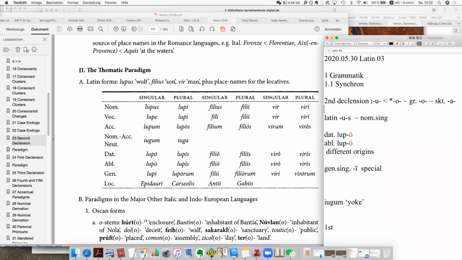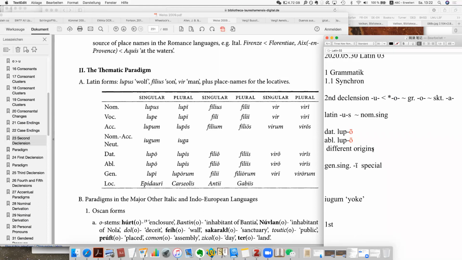So this is Latin. You know that this is Latin, right? So actually, the background or the origin is the O declension, and we all know for the O declension, like in Sanskrit, deva, you of course know devasya, right? And for Greek, well, I couldn't give a very good example.